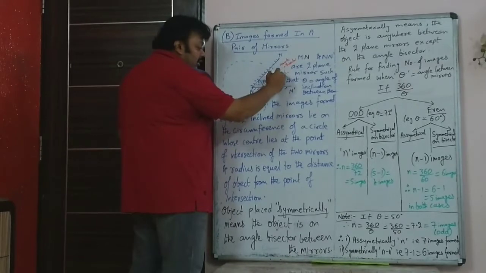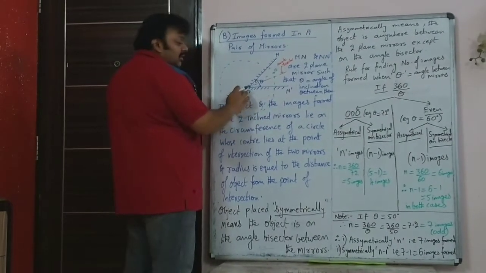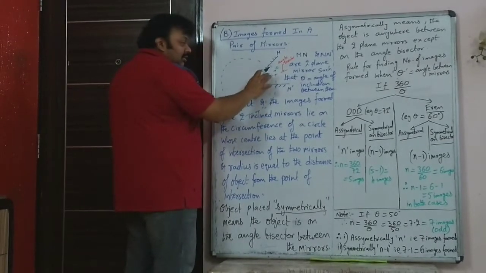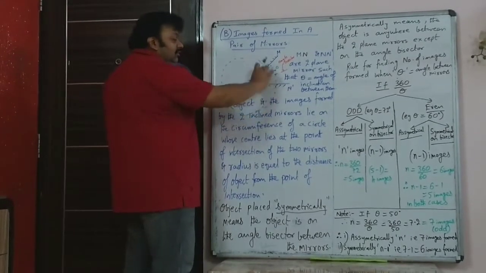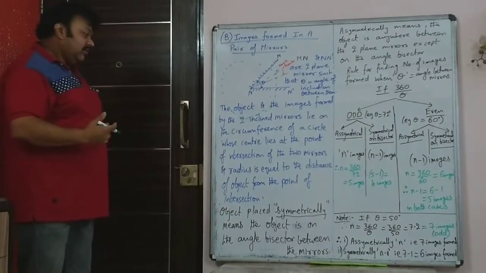that is drawn such that N, the point of intersection of the two mirrors, is the center, and the distance of that center from the object is the radius. On the circumference of that circle only, all the images are formed.